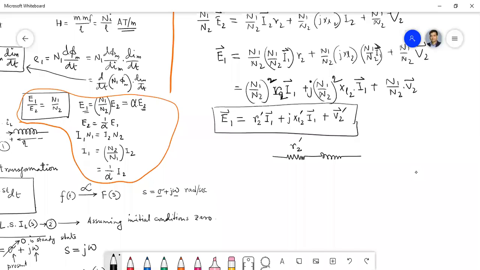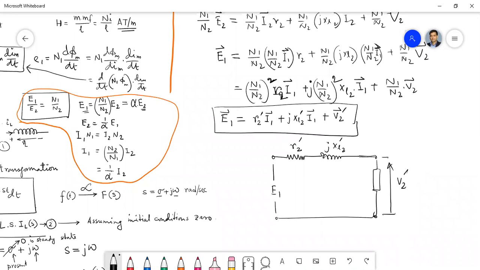This becomes R2 prime, this becomes XL2 prime, this becomes E1, and across the load it becomes V2 prime.